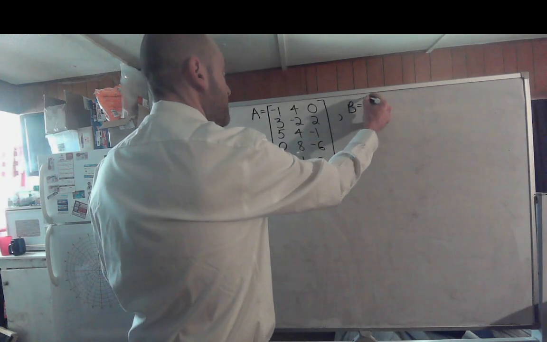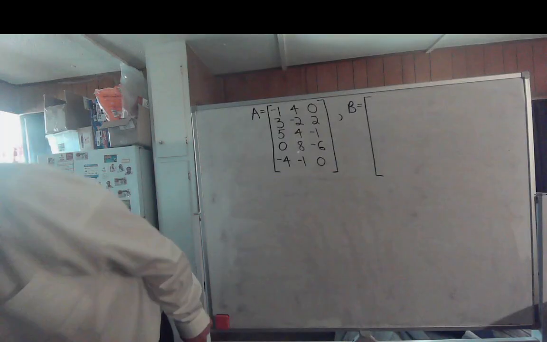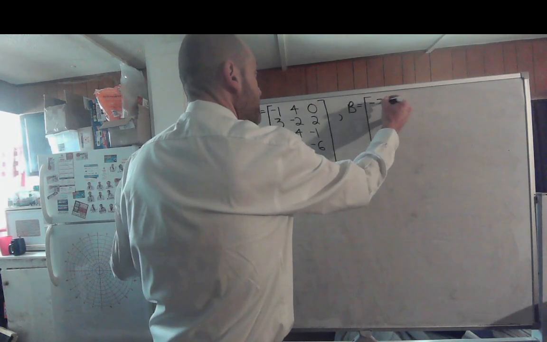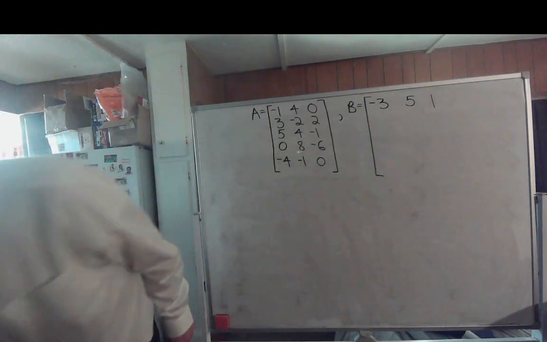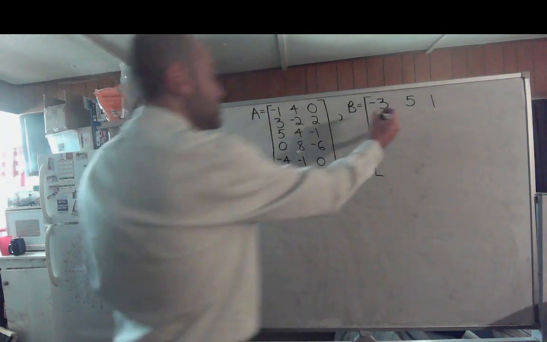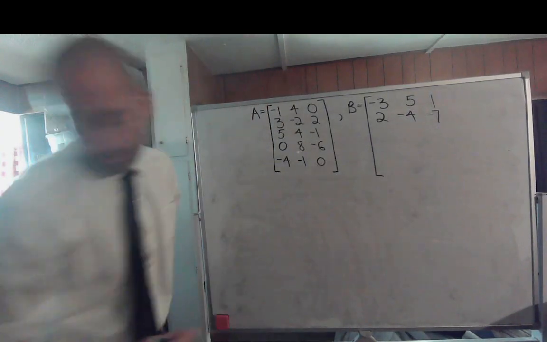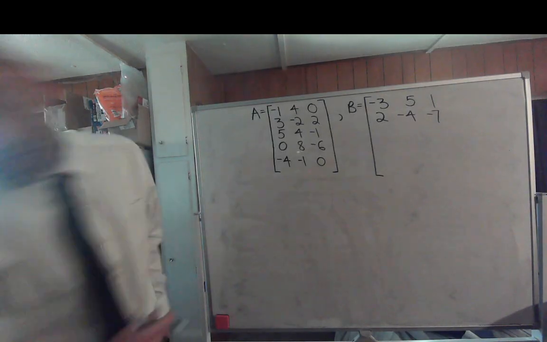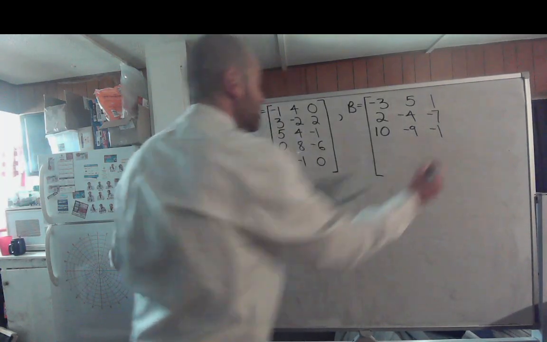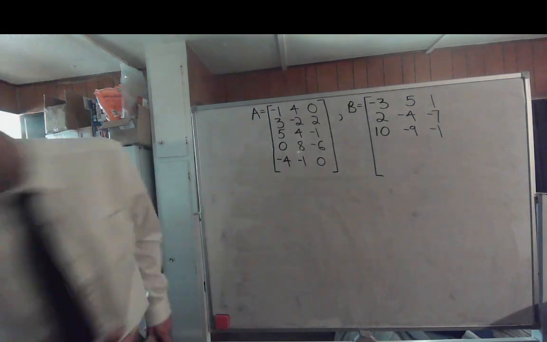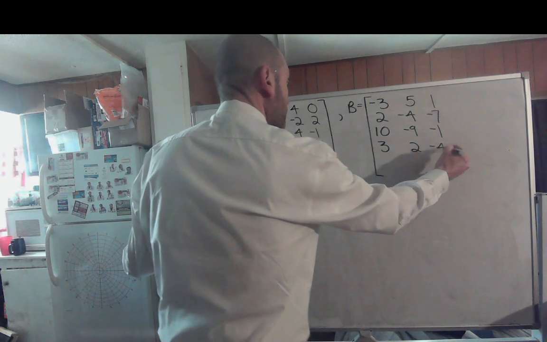Matrix B should end up having the same dimensions, with entries negative 3, 5, and 1. 2, negative 4, negative 7. 10, negative 9, negative 1. 3, 2, negative 4.